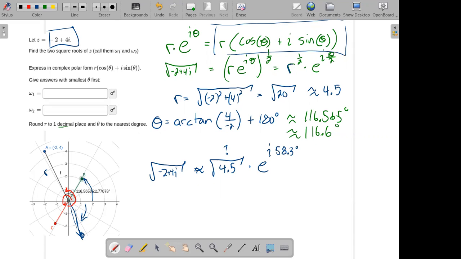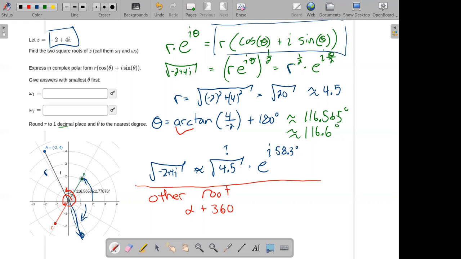Now, what about this other one here? Well, the bottom line is to find the other one, I could just think of this original angle alpha here as alpha plus 360 and then cut it in half, and that'll give me that one right there. So for the other one, let's do that one in red. So the other root just simply comes from taking my alpha here, adding 360 to it.